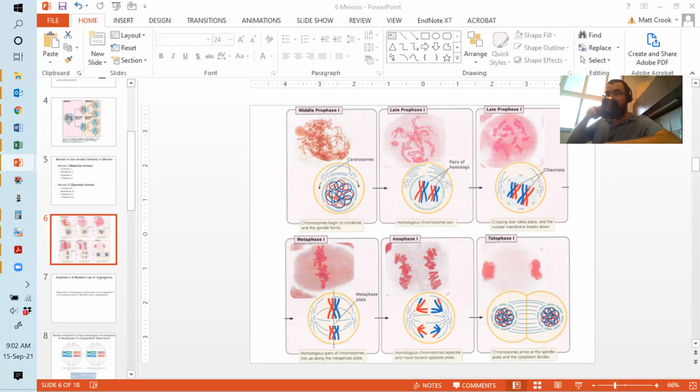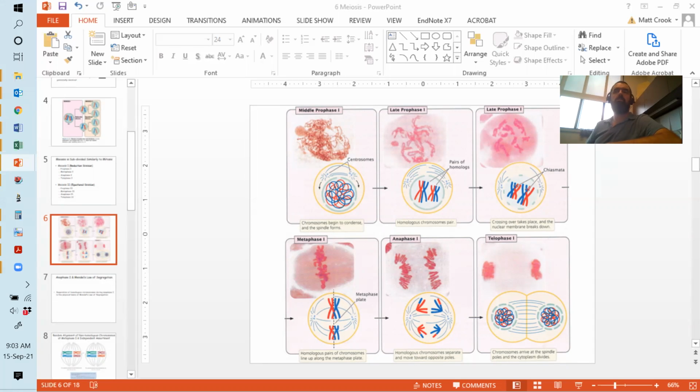What else? What else happens in meiosis 1, or by the end of meiosis 1? Yep, diploid to haploid. That's a really, really big thing. And the final thing, I'm not 100% sure if we cover this, so don't worry if we haven't, we'll go over it.